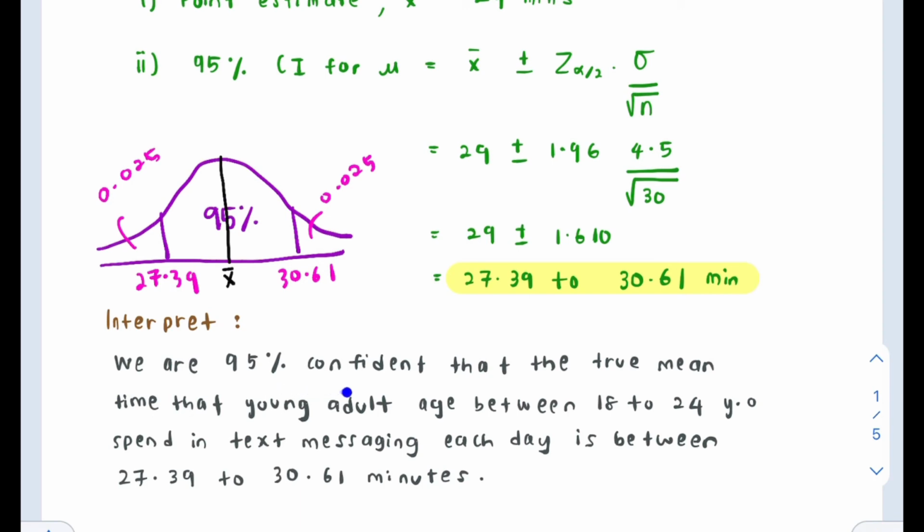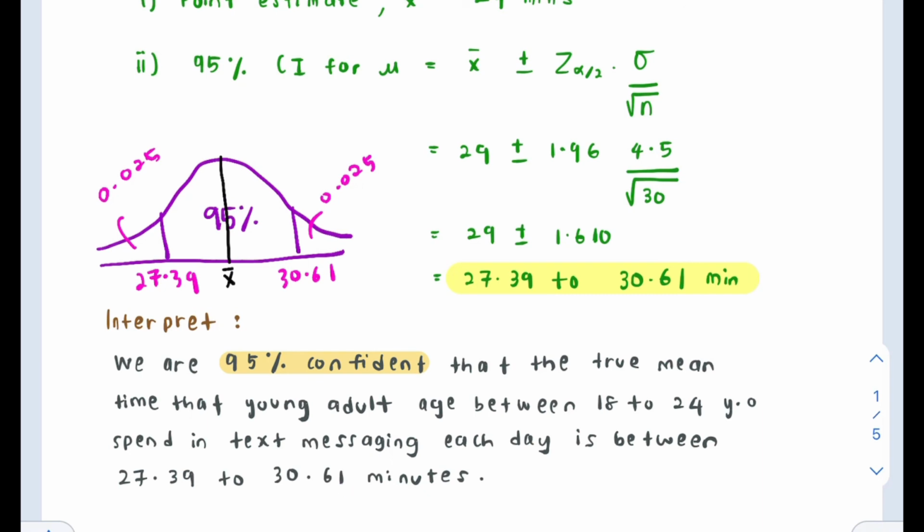We are 95% confident that, so this is the keyword that you must have, the percentage that you are confident, that the true mean time that young adults aged between 18 to 24 years old spend in text messaging each day is between 27.39 to 30.61 minutes. So 29 here you got from the sample, so you predict the whole population of young adults spend in text messaging between these two values.